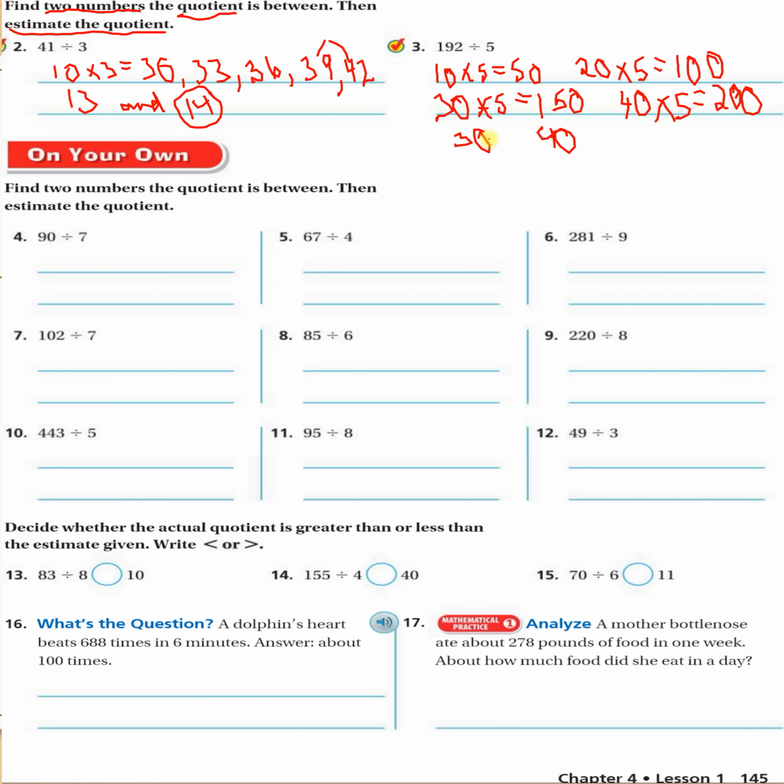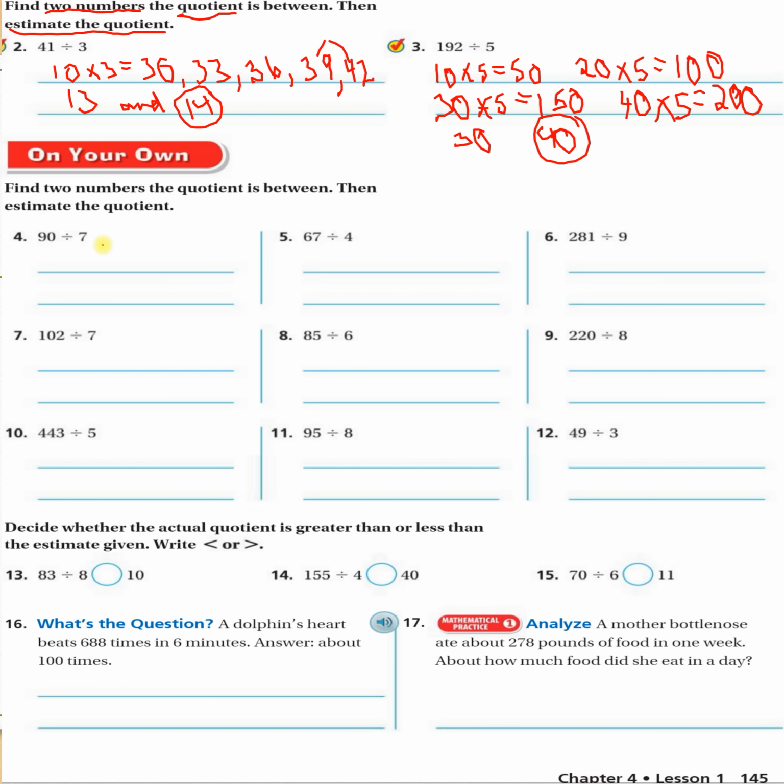So the answer is going to be between 30 and 40. Then estimate my quotient. My estimate is going to be about 40 because 200 is much closer to 192 than 150 is. So that's going to be my estimate, the other part of the problem.